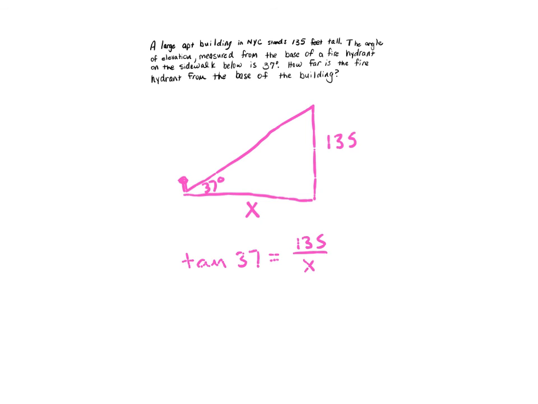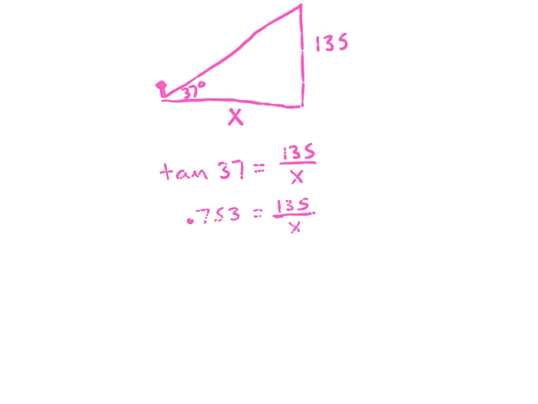So what do we need to do first to solve? What's the tangent of 37? 0.753 is equal to 135 over x. What do we do next? We don't multiply by 135 because that 135 is on the top.